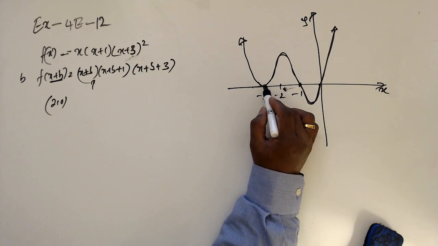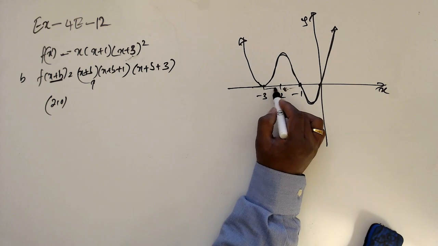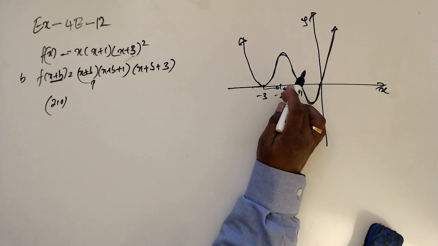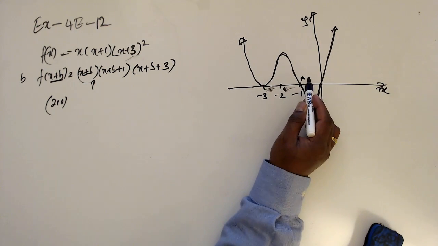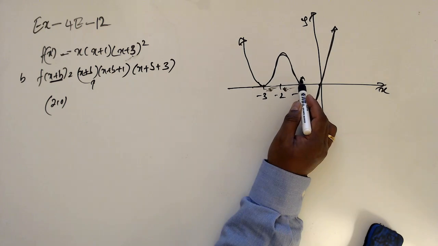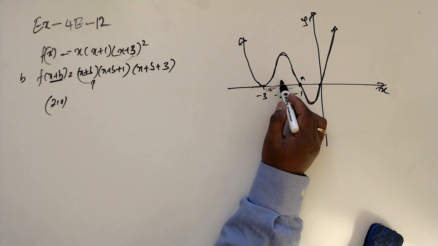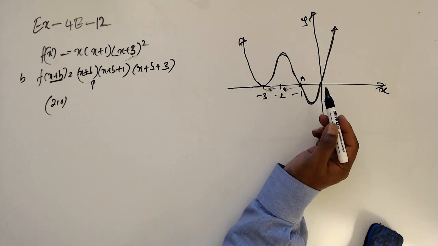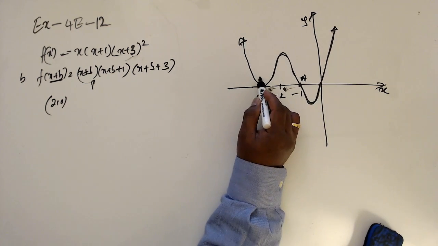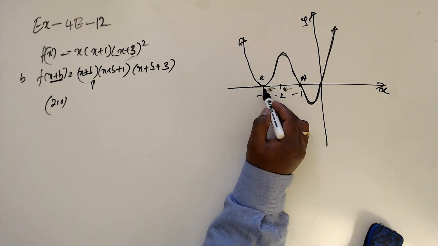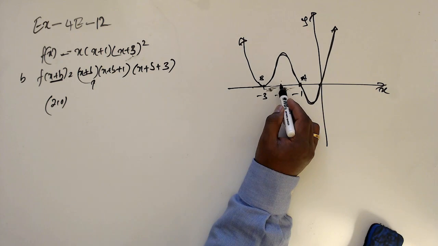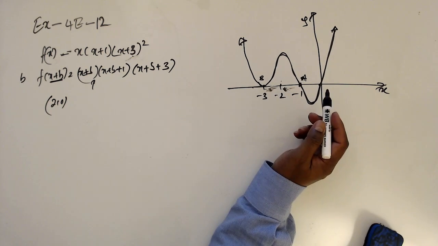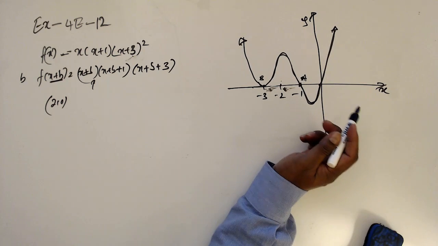Or if we shift to the right, this minus 3 point becomes minus 2.